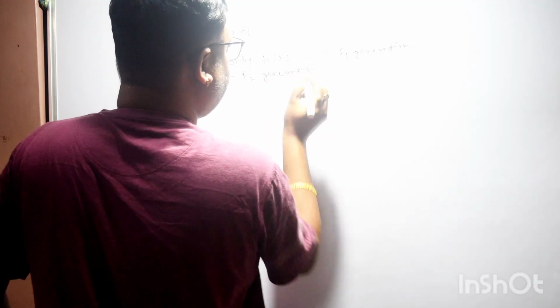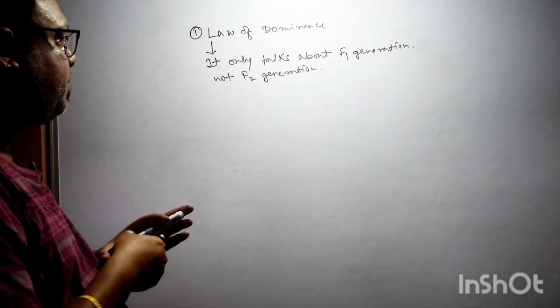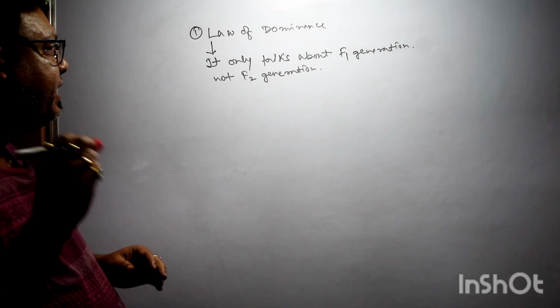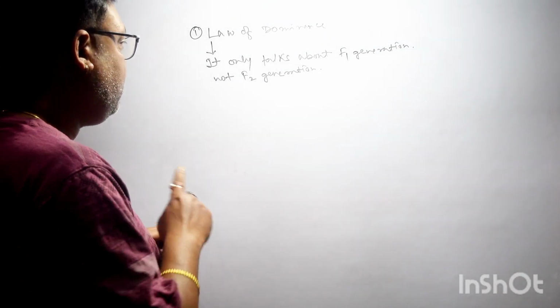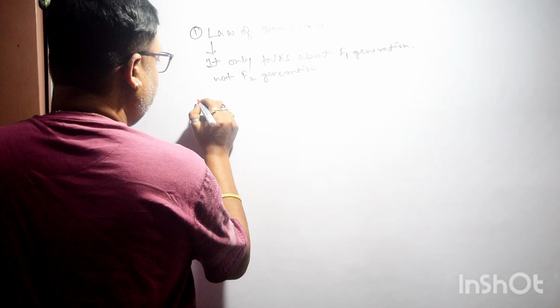This is the basic difference between these two laws. The law of dominance only talks about F1 generation, who among both the parents in one character is dominating in F1 generation, but it does not talk about what is happening in F2 generation.